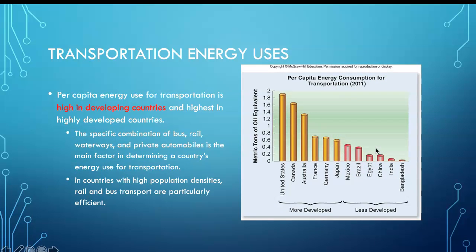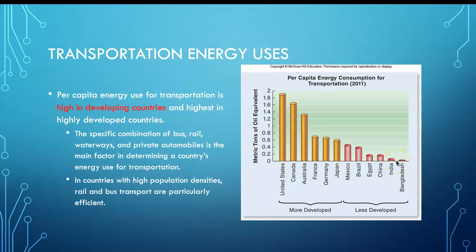And this is a comparison of per capita energy consumption for transportation. The more developed countries spend more energy on transportation, and the less developed countries spend a very small percentage of their energy on transportation.